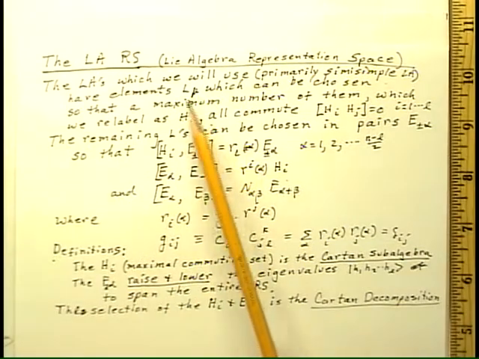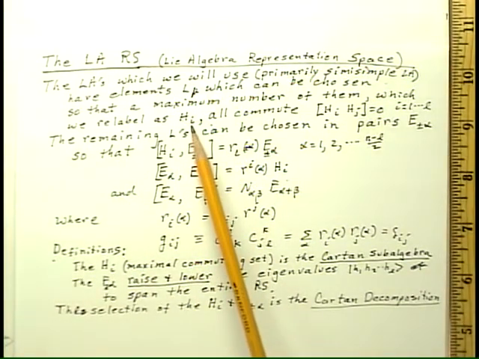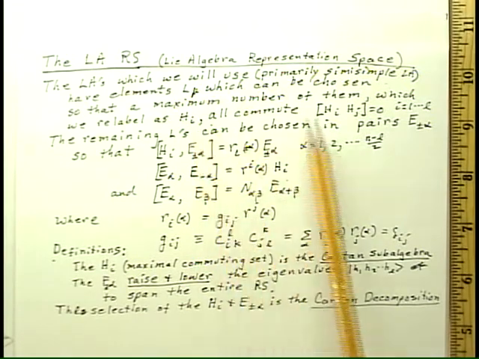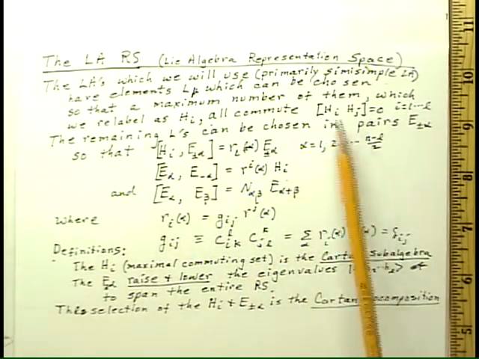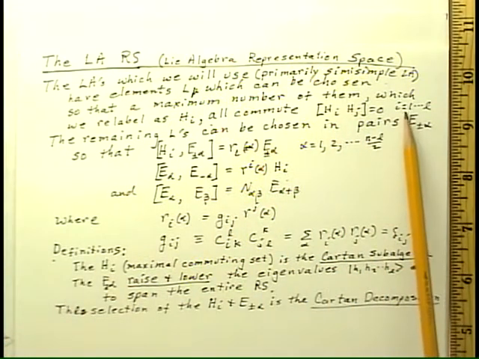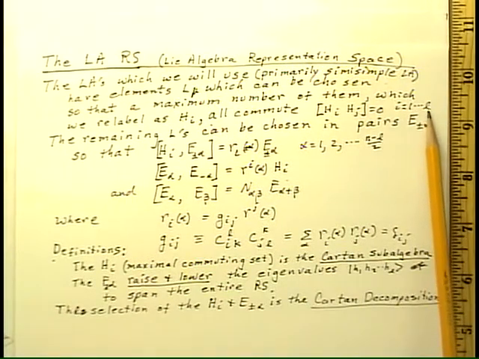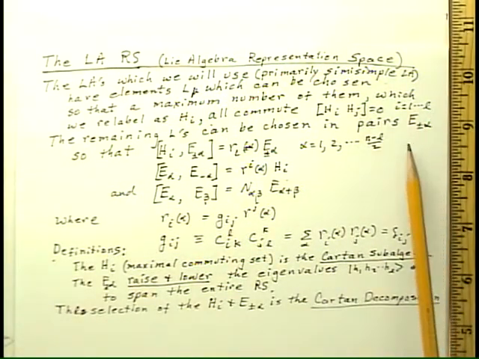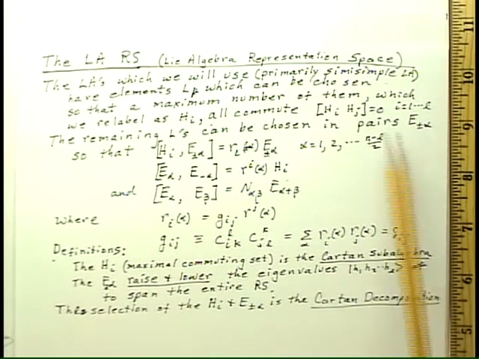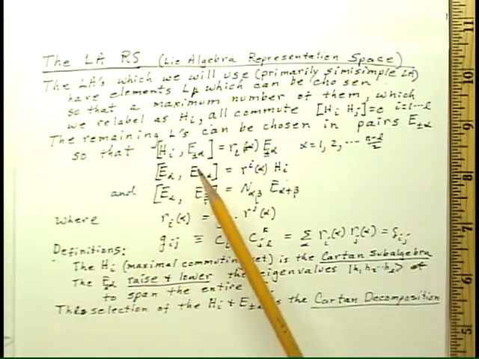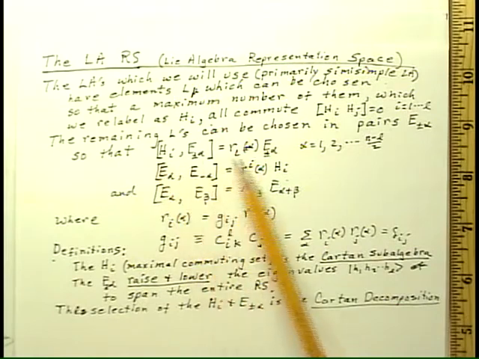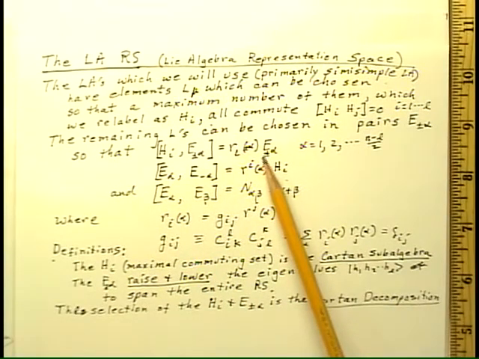We can choose among those L's linear combinations of them that are independent, which we define as the H_i, such that all of the H's commute with each other. That would leave, if we had, for example, i equal to 1 to l, that would leave N minus l, which always is an even number. And we can choose the rest of the operators as linear combinations of those in pairs, E plus alpha and E minus alpha, so that the following commutation rules hold.